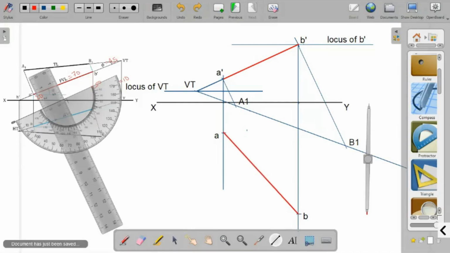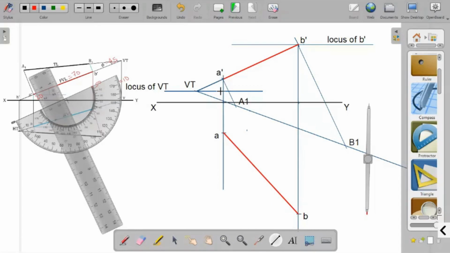So this is your top view. So front view as well as top view are completed. Now VT is also found out. Now only HT is to be found out. In order to find out HT, we have to reproduce this distance.